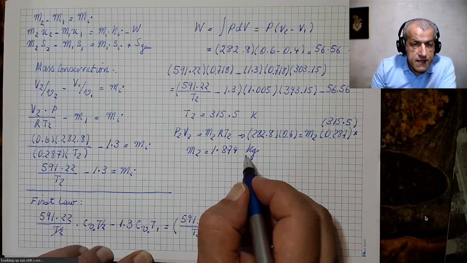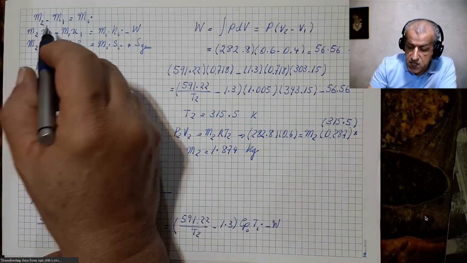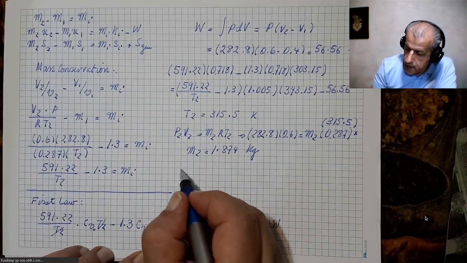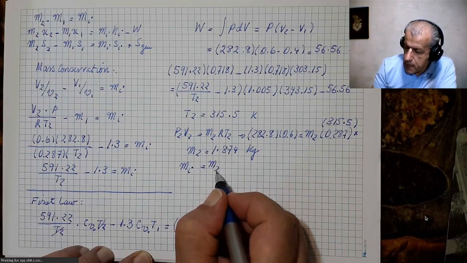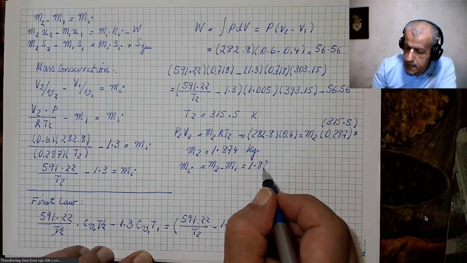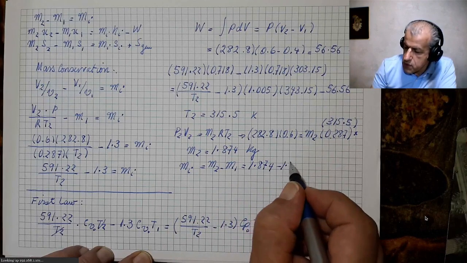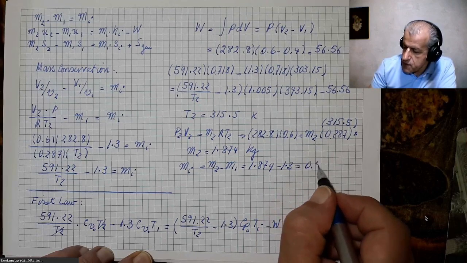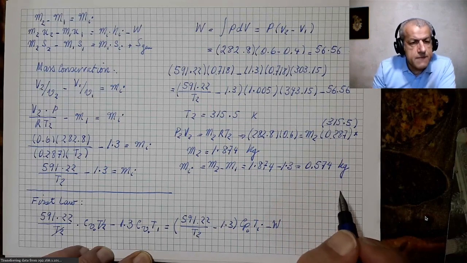Since this is the final mass, in the mass conservation equation, we know M2, we know M1, so Mi is M2 minus M1, and that equals 1.874 minus 1.3, which equals 0.574 kilograms.